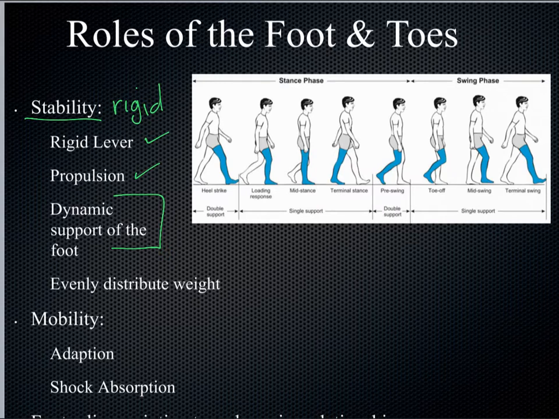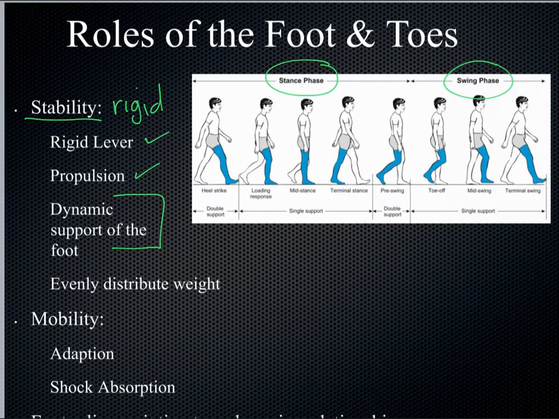When we translate that over to the gait cycle, right, what we know is that we have basically two phases in the gait cycle, the stance phase and the swing phase, right? So you might say, well, how can I translate that over to the gait cycle? Well, at what point in the gait cycle do we actually see a rigid foot? Because this is what's important and key when you're taking information and translating it over into clinical practice, right?